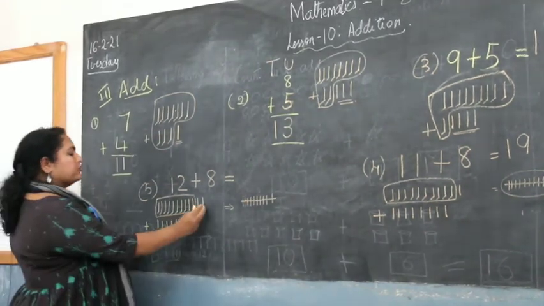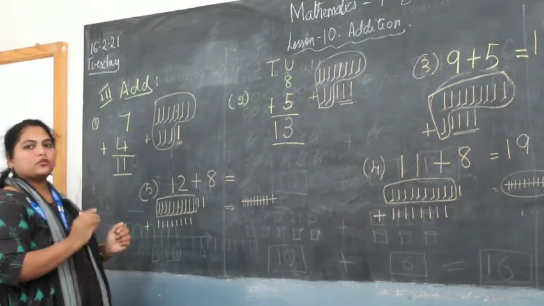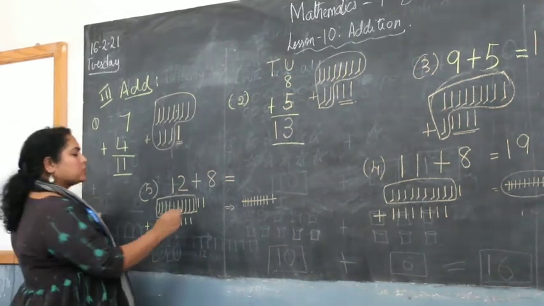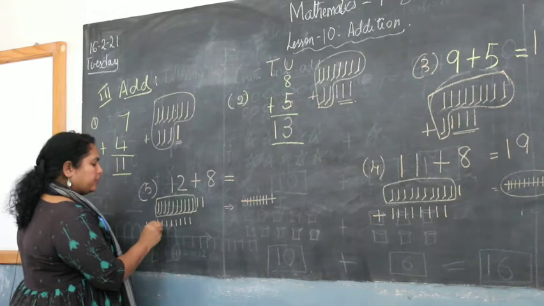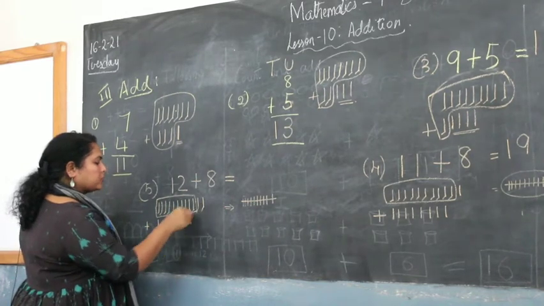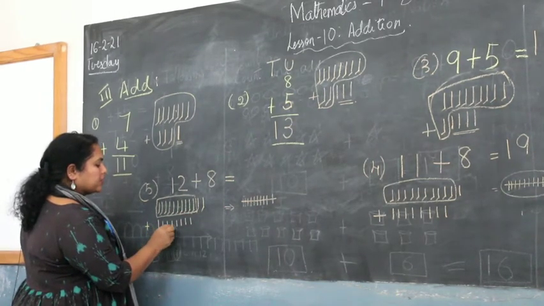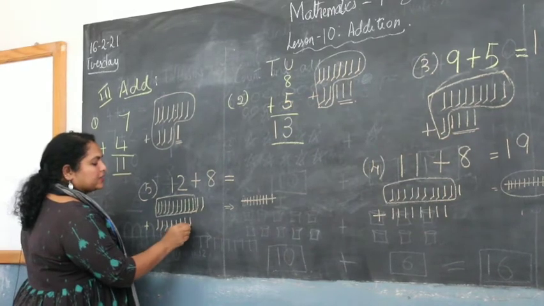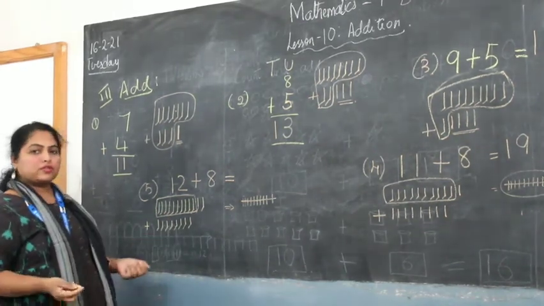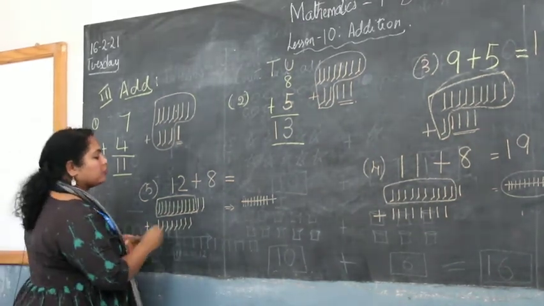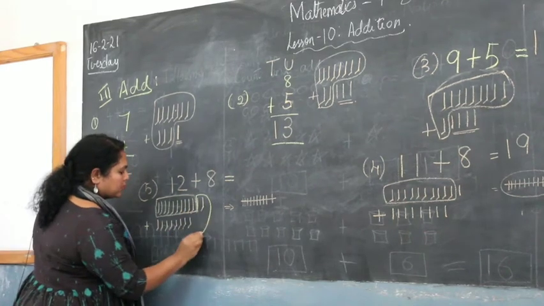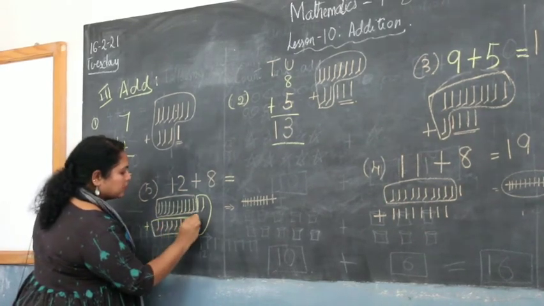Now we'll remove whichever is not a group of 10. Let's count that first. 1, 2, 3, 4, 5, 6, 7, 8, 9, 10. So we have 10 more sticks. So we'll make another group of 10 sticks. That is from here to here.